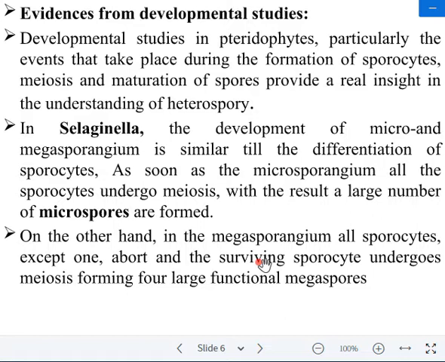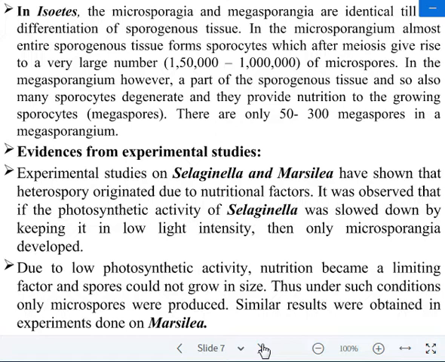While during the development of the megasporangium, what happened? All the mother cells do not become functional, except one. The remaining degenerate, and this one functional cell undergoes the reduction division and produces 4 large functional megaspores. That is the difference. So within the microsporangium there is a lot of microspores, and within the megasporangium there is a limited number of megaspores.